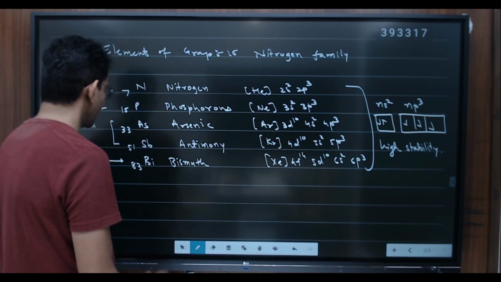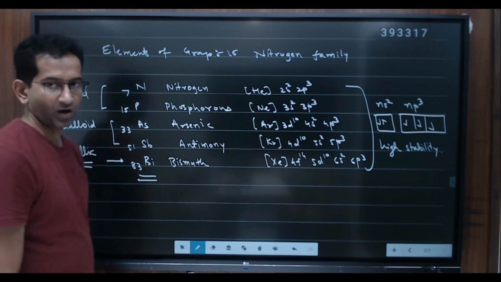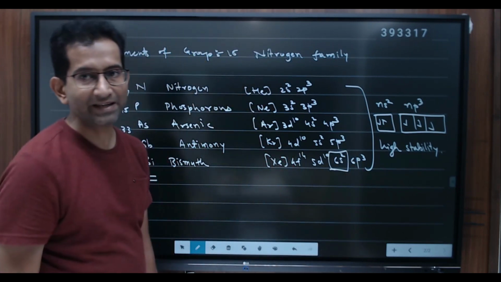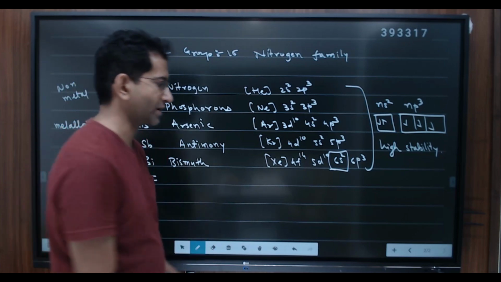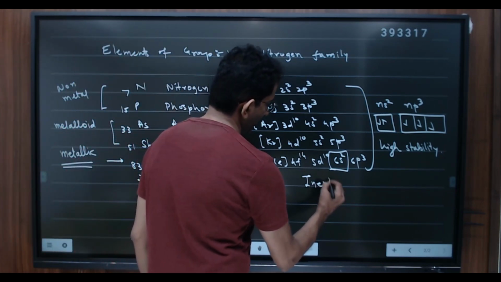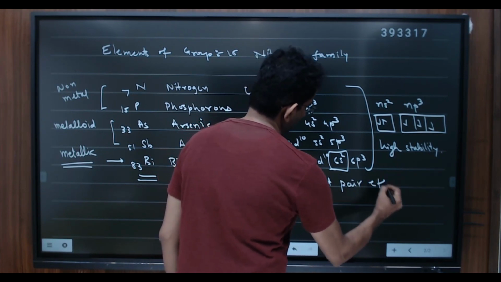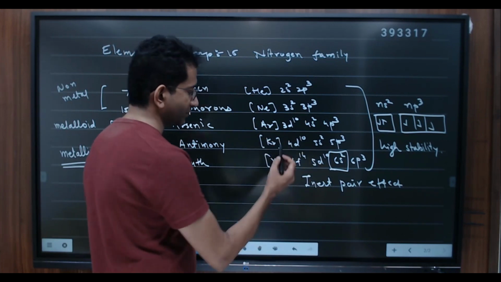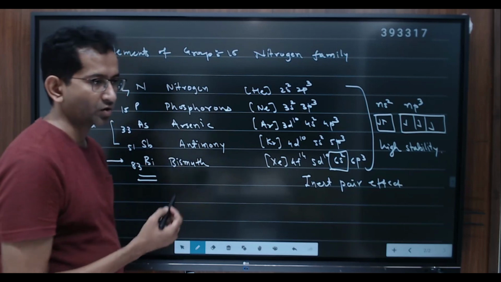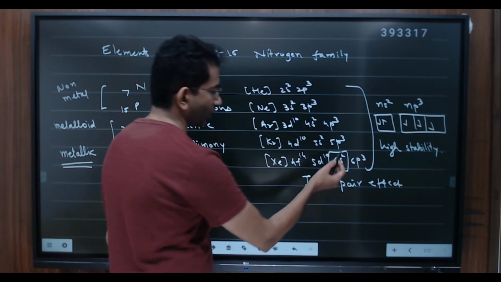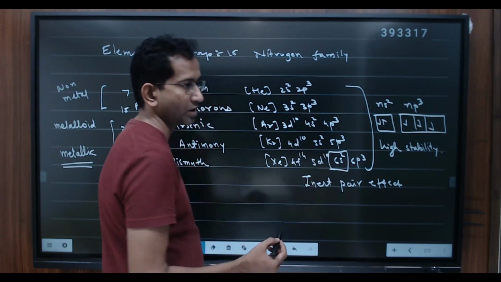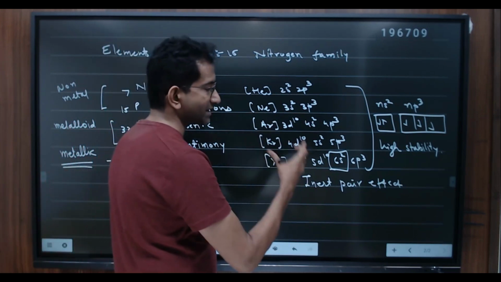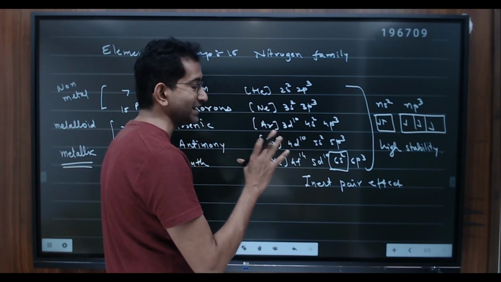One more important thing, for the last element bismuth, this 6s electron has a very little tendency to participate in the compound formation, and that behavior is called inert pair effect. Due to very low value of screening effect of this f orbital, positive charge of the nucleus of bismuth remains very much effective over these two electrons present in 6s orbitals, so it has a very less tendency to participate in compound formation, so this electron pair remains as such, as inert pair.